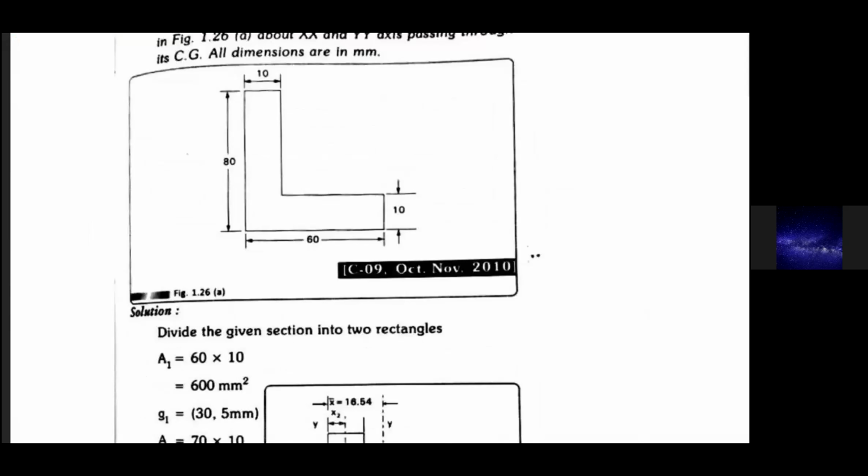And we have to find x1, y1 and x2, y2. Y1 is equal to half of 10, that is 5. And y2 is equal to 10 plus half of 70, 35 plus 10, 45.